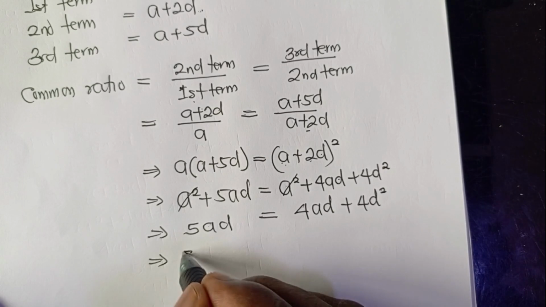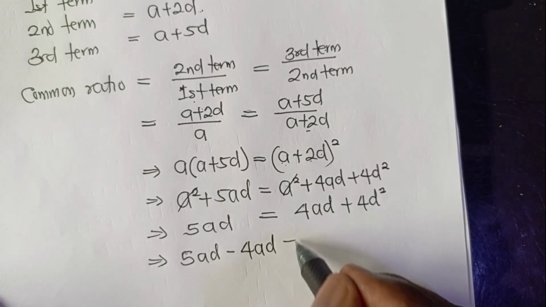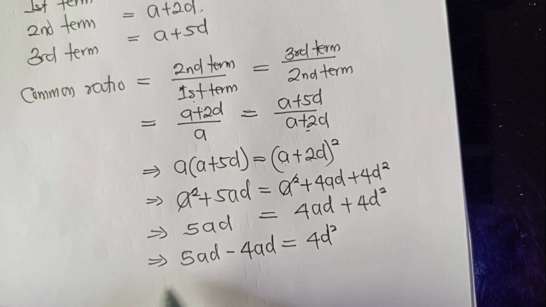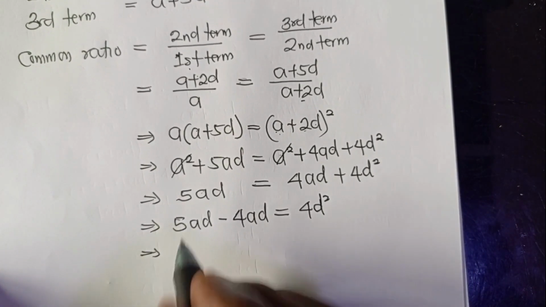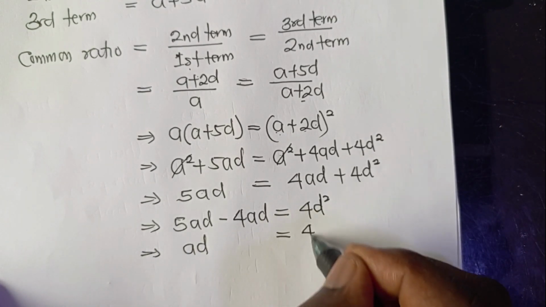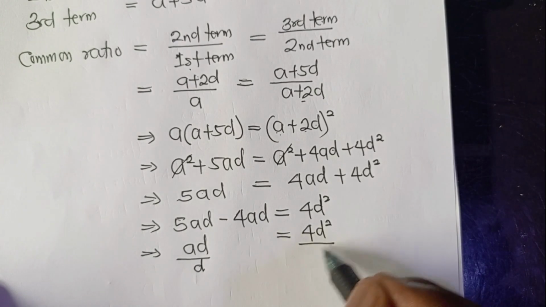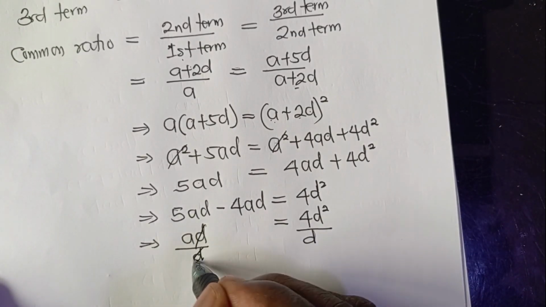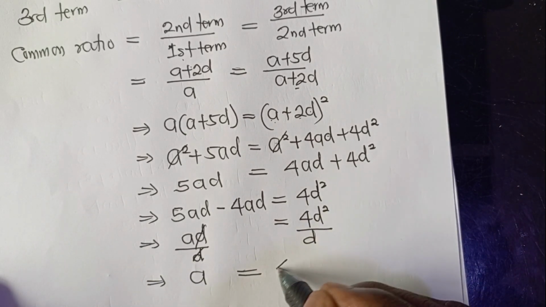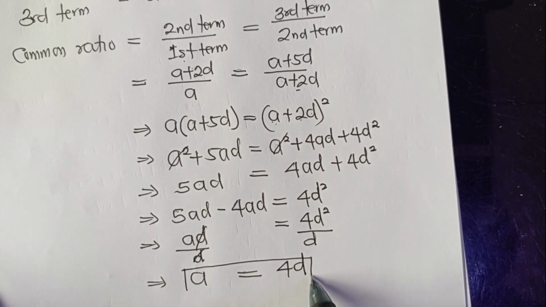That will give us 5ad minus 4ad equals 4d squared, so ad equals 4d squared. Let's divide both sides by d, so that will cancel. Then we have a equals 4d. So we have found a to equal 4d.